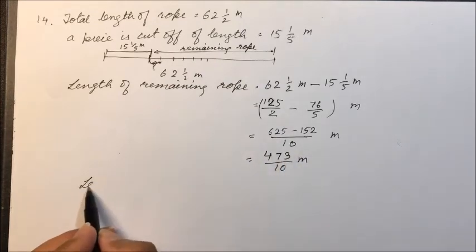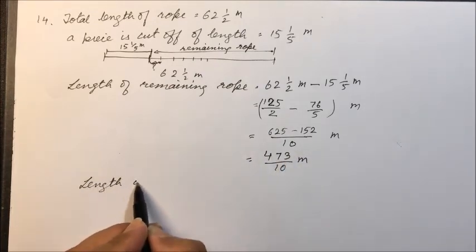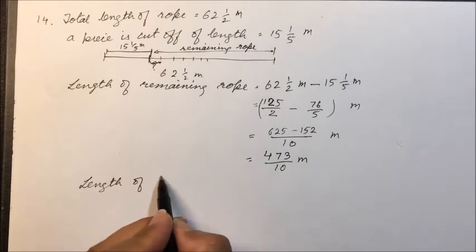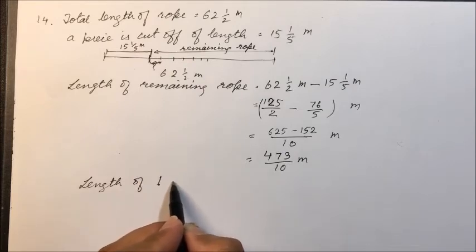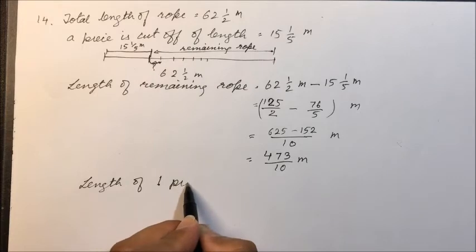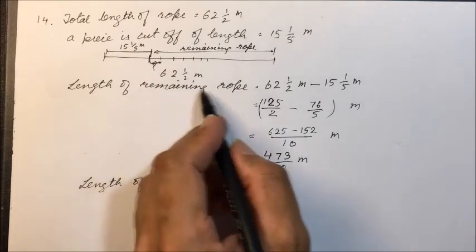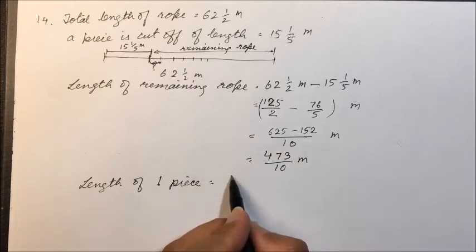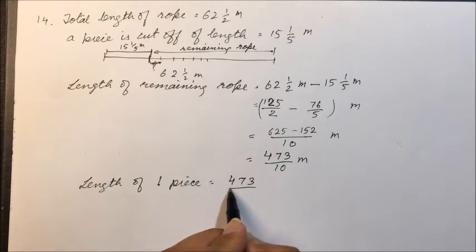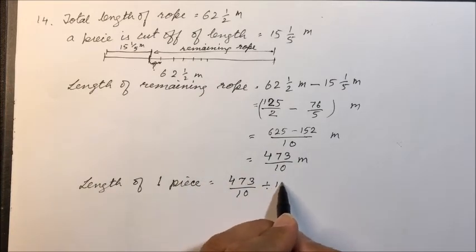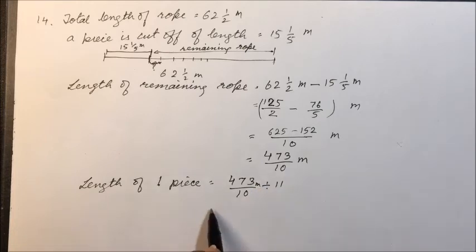So length of one piece will be equal to the length of the remaining rope divided by 11. 473 divided by 10 divided by 11. It is in meters.